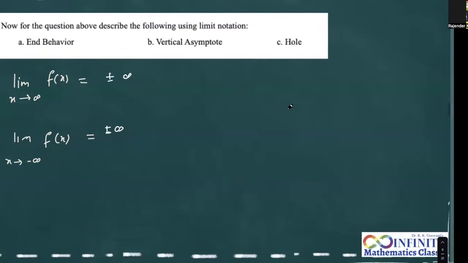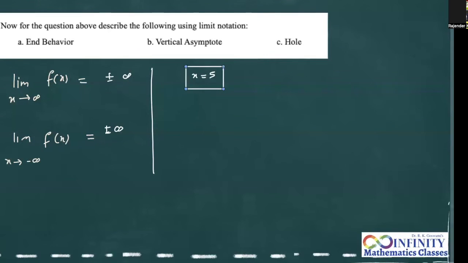Now we talked about the vertical asymptote also by looking at the expression. I told you that x equals 5 is going to be the vertical asymptote. Oh, sorry, I made a mistake. It was negative 5. So that was a correction.